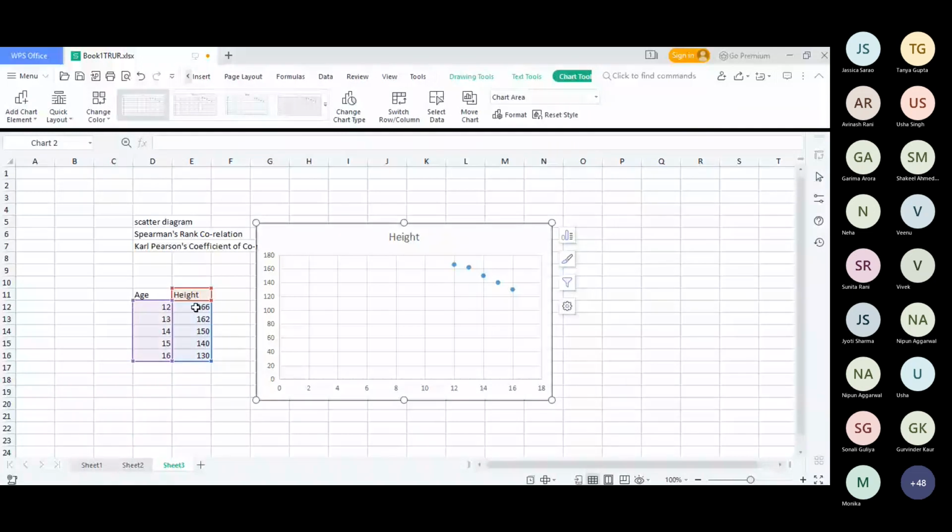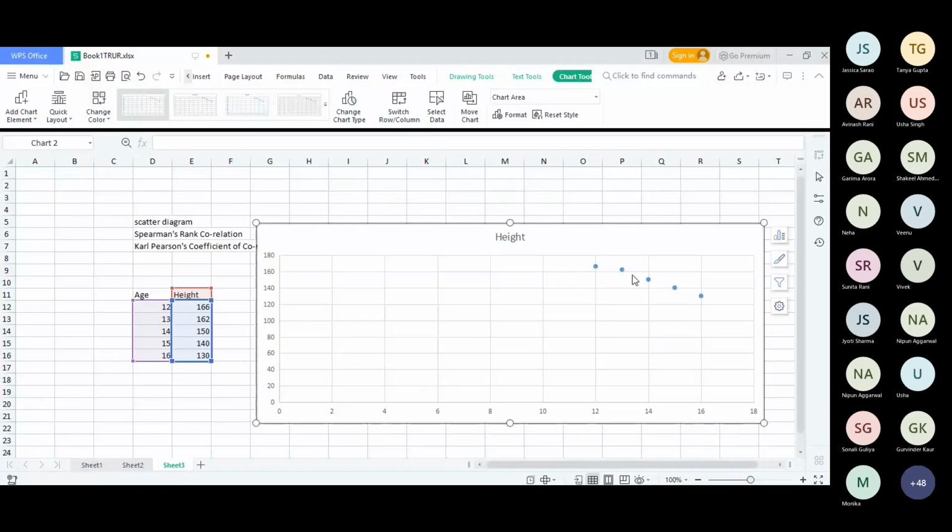This now becomes a negatively sloped line. If we compare this particular slope, this is negatively sloped. At age 12 it is the highest, then lower, so it is now a negative correlation. So we can say that age and height are negatively correlated to each other.